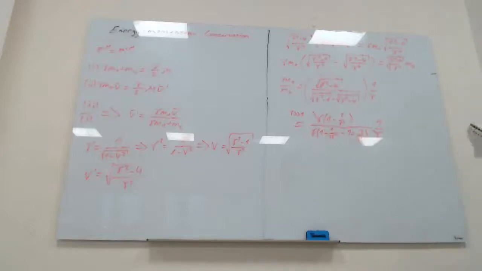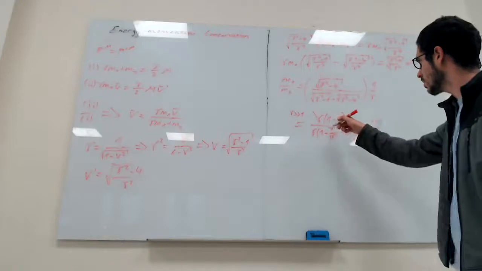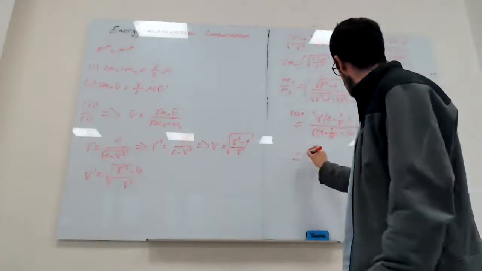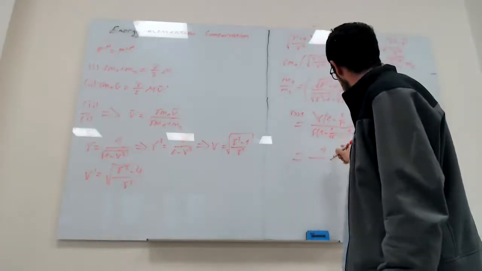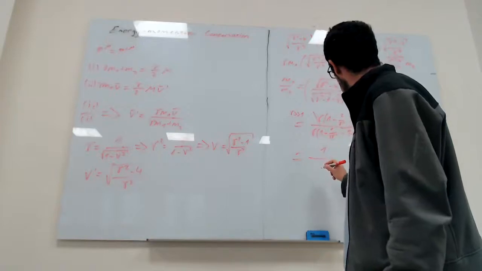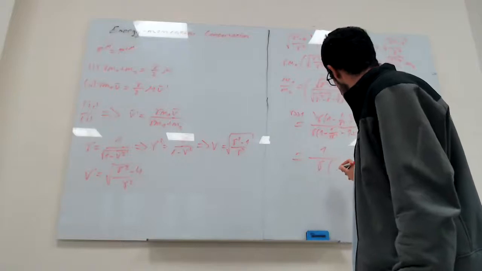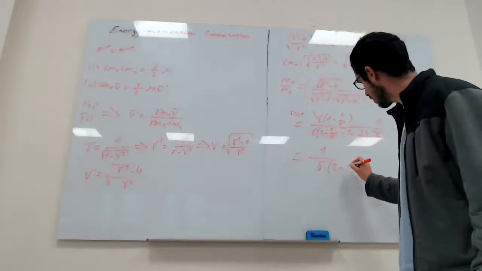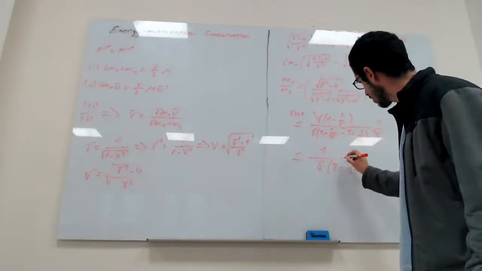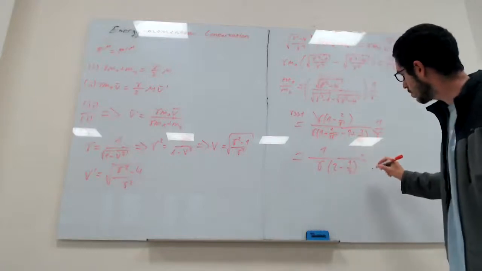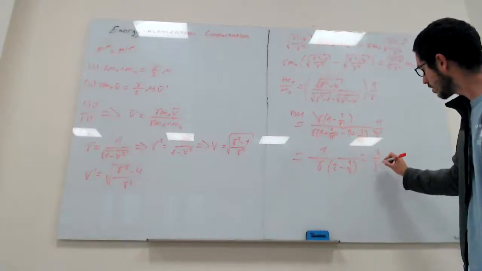Okay, this is not that interesting. Here we have 1 over gamma. Here we have 2 minus half, and you have minus 1.